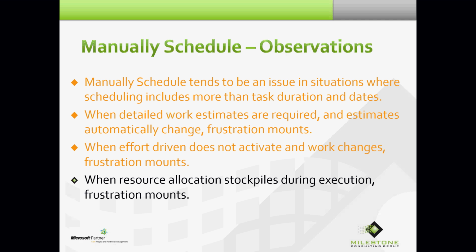When resource allocation stockpiles during execution, again, frustration mounts. These are all symptoms, traits, whatever you want to call them, of manually scheduled mode. In situations where I would say you're far beyond it, you should be in auto-scheduled mode. Okay? And the list goes on.